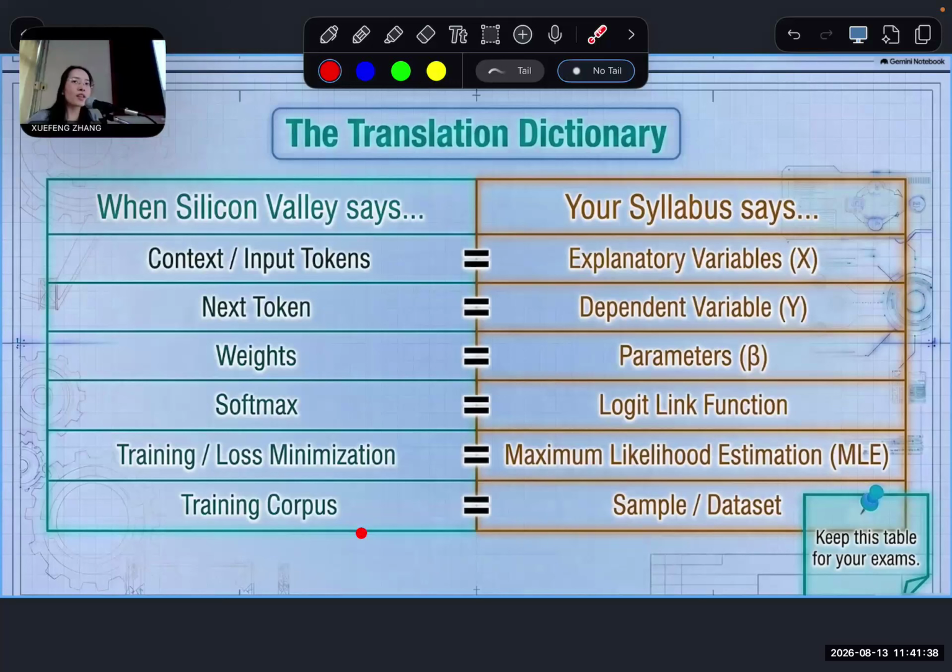How people think, how people choose. So this is the training corpus. But in econometrics, we say sample and data set. Corpus means a collection of written text.